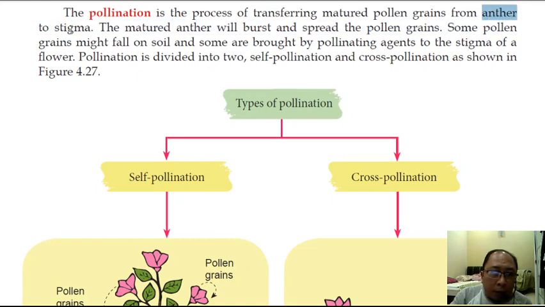So when a matured pollen grain is transferred from anther to stigma, we call this the pollination process.